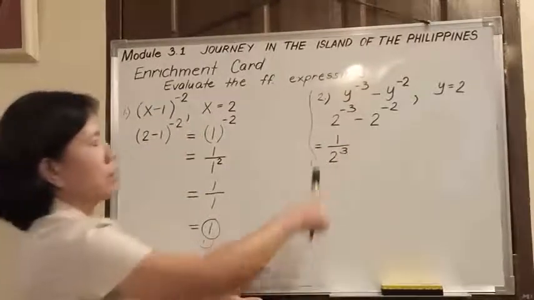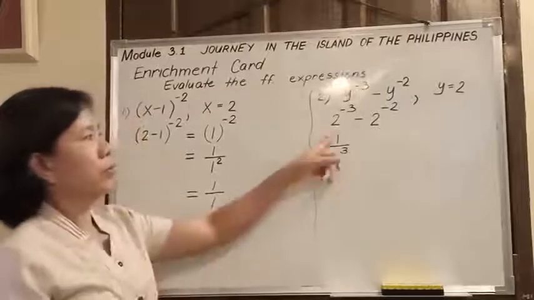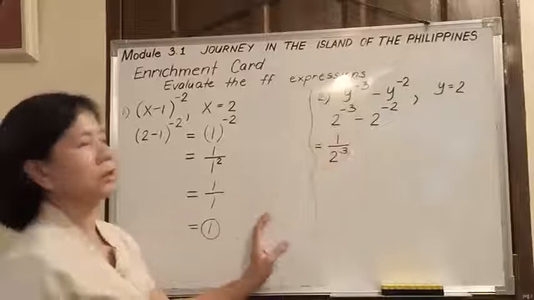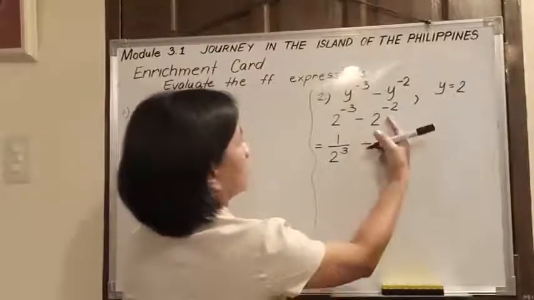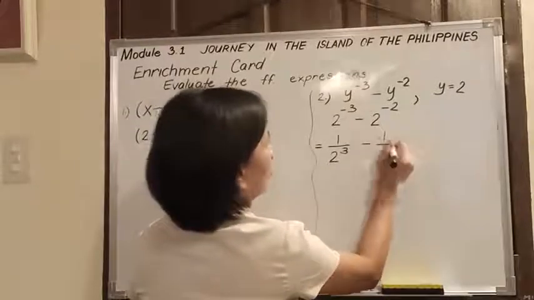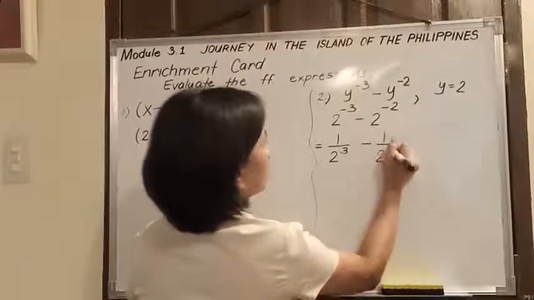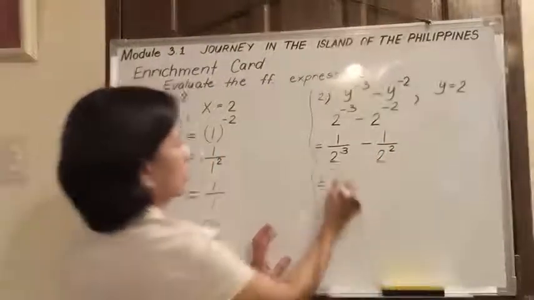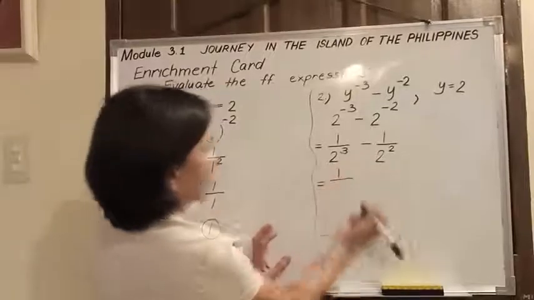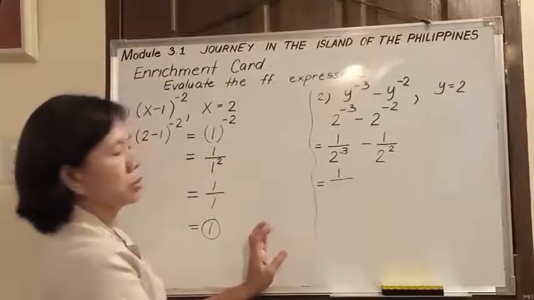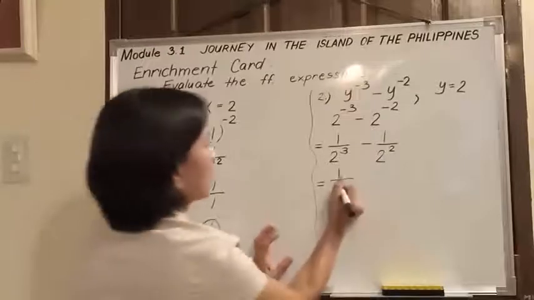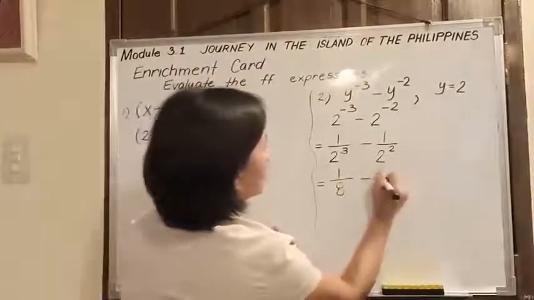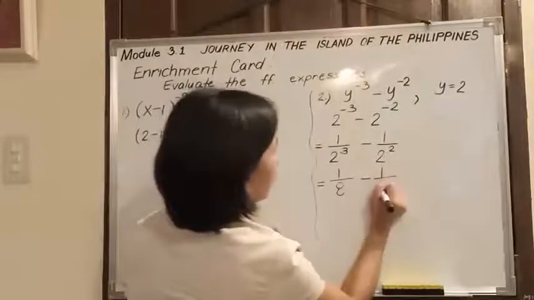So again, to make the exponent positive, you make this the denominator. Then just simply change the sign of the exponent. And then minus, this can also be 1 over 2 raised to positive 2. Then simplify the denominator. Retain 1 as your numerator. 2 raised to the third power is 2 times 2 times 2, and that's 8. And minus 1 over 2 squared, which is 4.